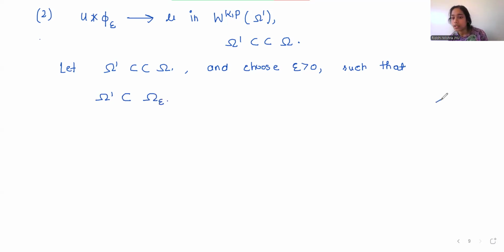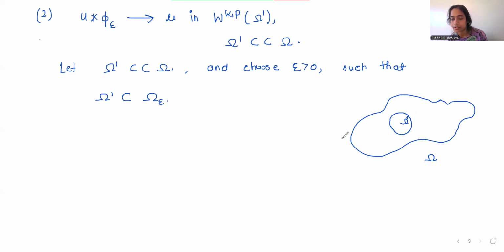So this was my omega. And I know my compactly contained set omega prime is here. And now I will choose some epsilon so that we are away from the boundary, because I want to make a ball here.